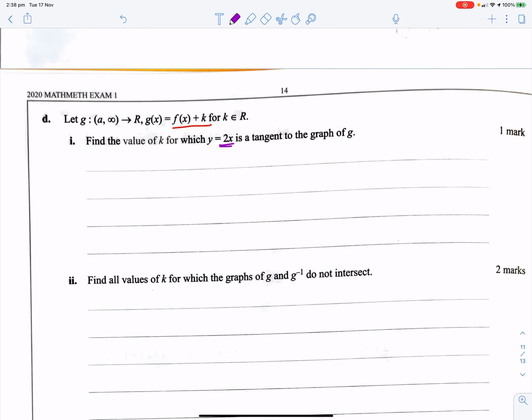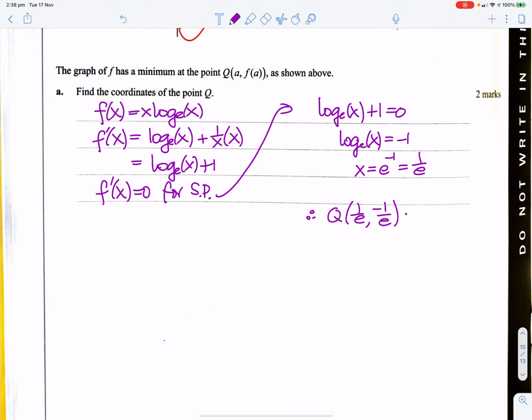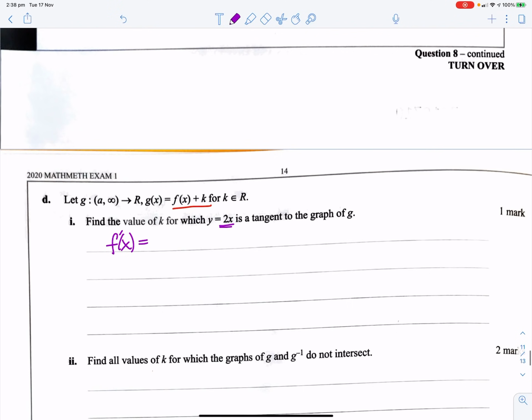So f dash of x, we've worked that out, haven't we? Log e x plus 1. That has to equal 2.